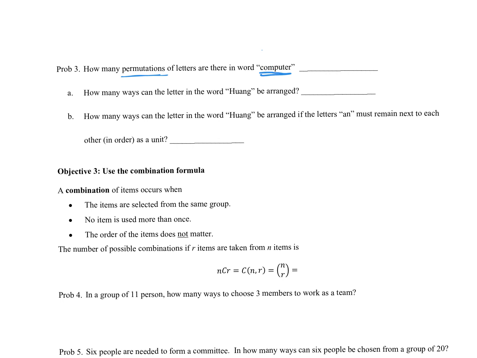Now, first of all, we have 8 letters here. And then we want to permute them, that means rearrange them. So how many ways are there? According to our formula, it's going to be 8 permute 8.